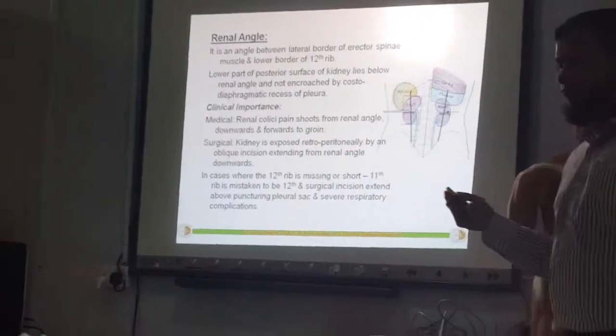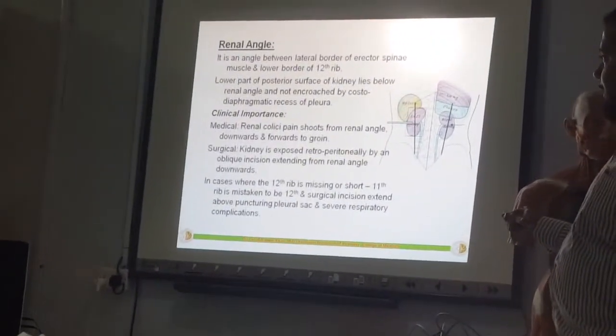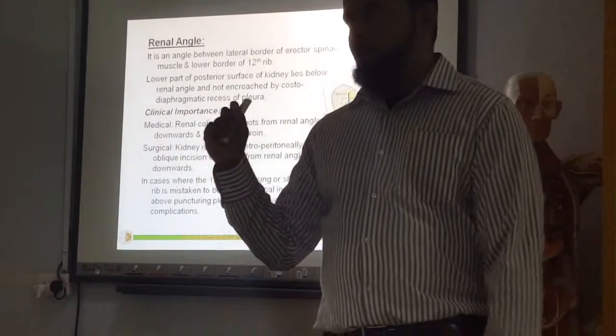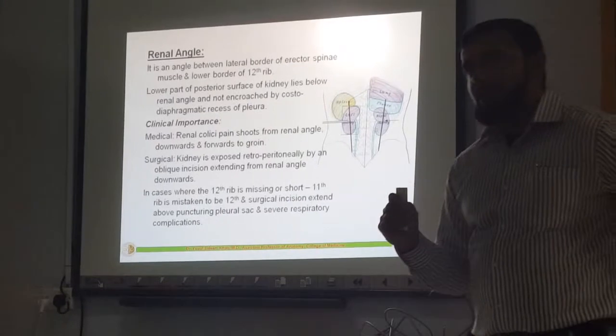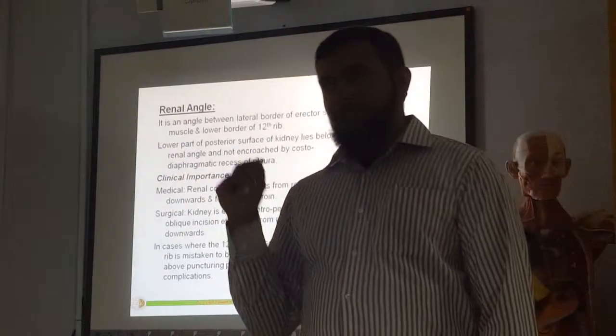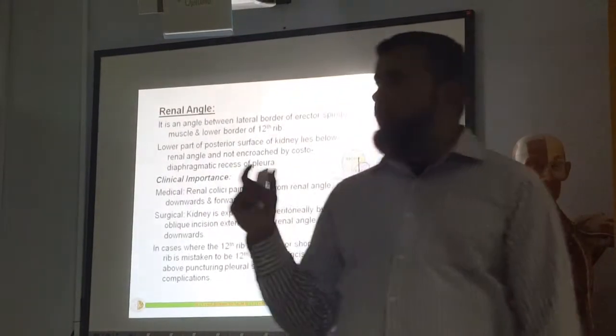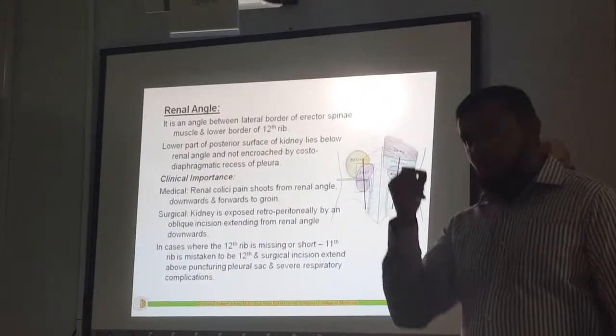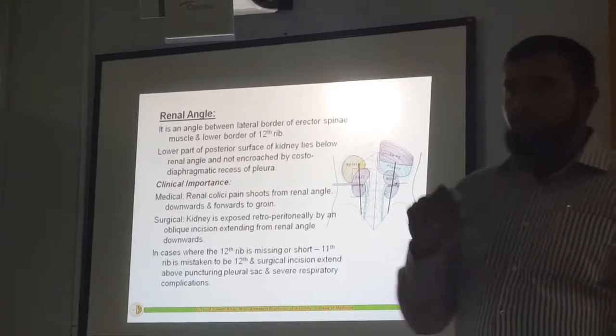Very important angle. It is the angle between the lateral border of the erector spinae and the 12th rib. You should know that this is the 12th rib before you puncture. Confirm it with X-rays, the shape of the 12th rib, and count the ribs from above downwards. Then puncture it.